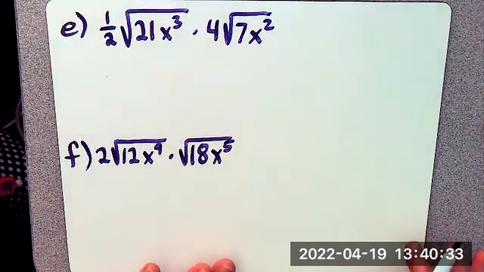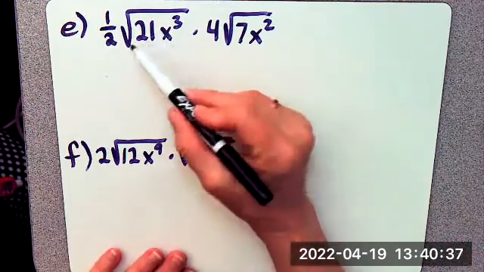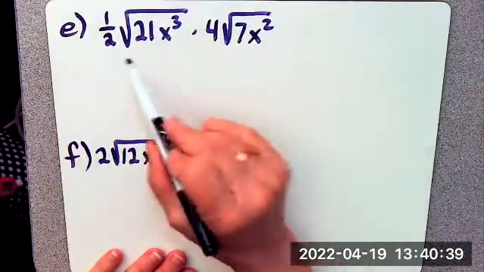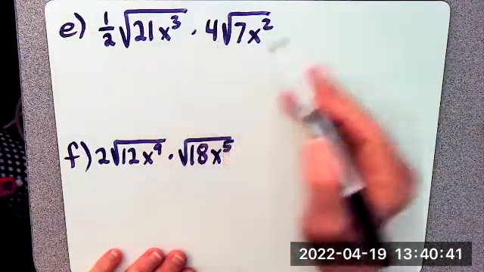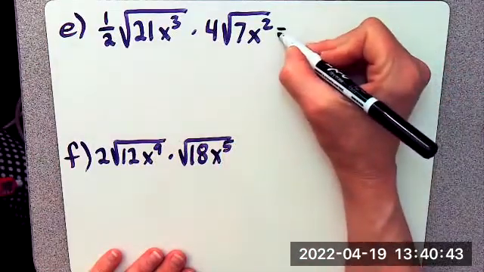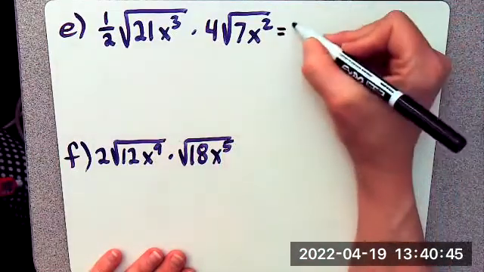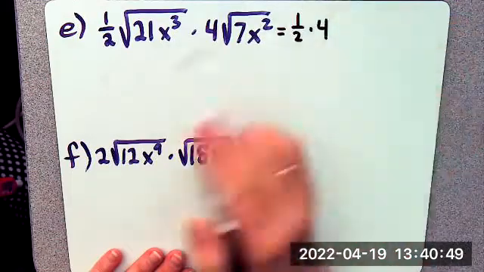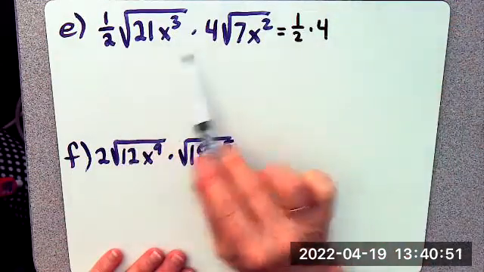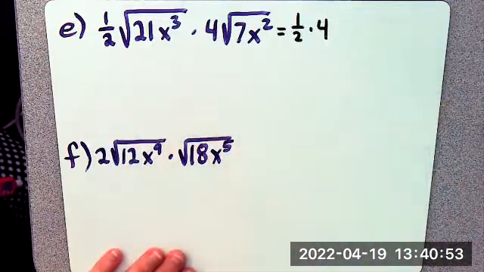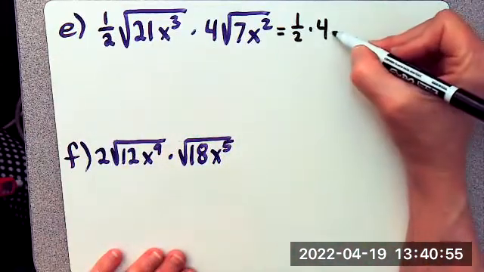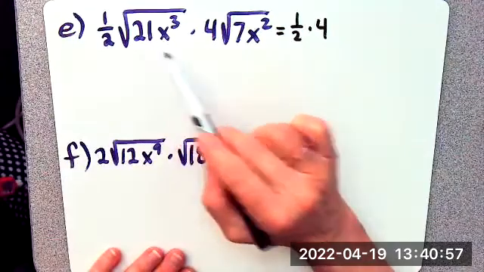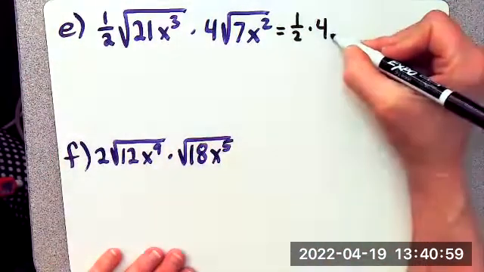So let's take a look at this one. We have 1/2 out here, and we're going to multiply. Now we can rearrange this using the commutative property of multiplication, and do 1/2 times 4. They're acting like coefficients to the square root, so let's just put them out of the square root house. Now we also know that this can be combined with that.